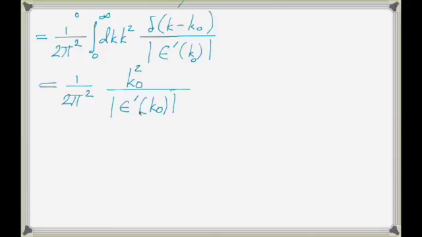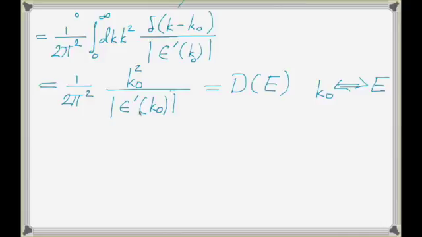This is my density of states, and we're going to have to map this k0 back to E. So what do we need? We need a derivative, and we need k as a function of E.